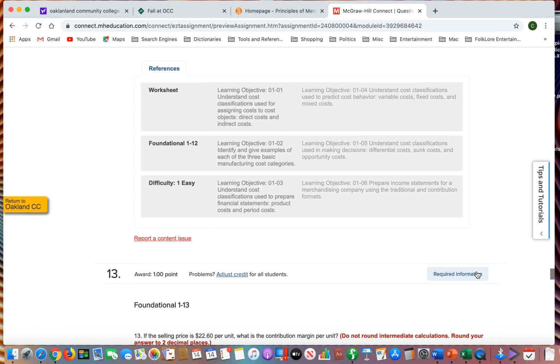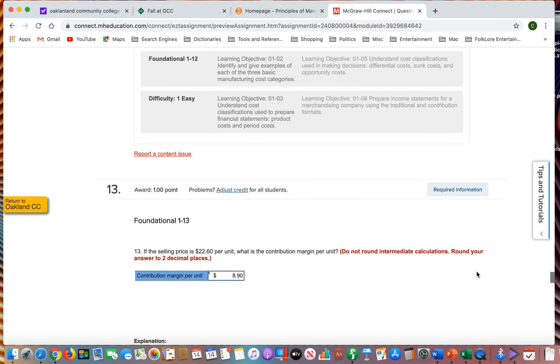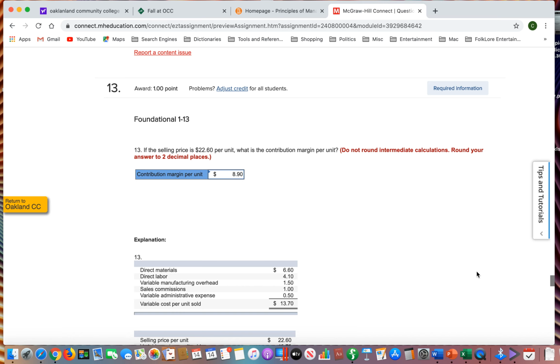All the variable costs: direct material, direct labor, variable manufacturing overhead, variable administrative. Add all those together and you get a contribution margin of $8.90. Where did $8.90 come from? Again, it is $22.60 minus all the variable costs.